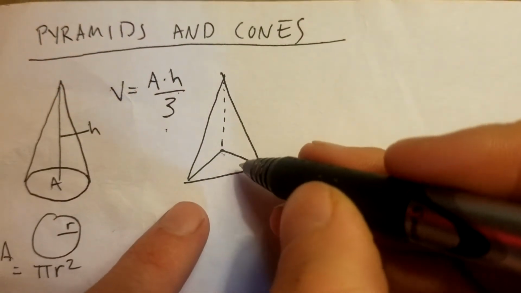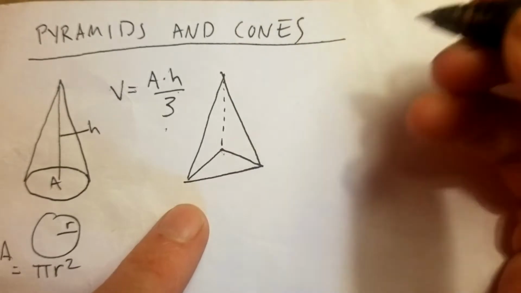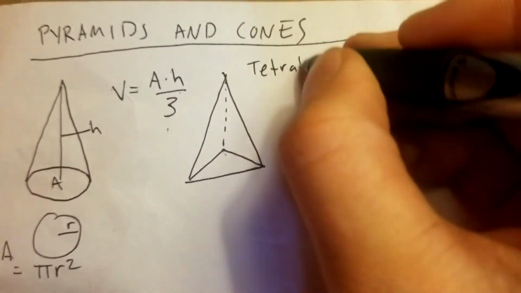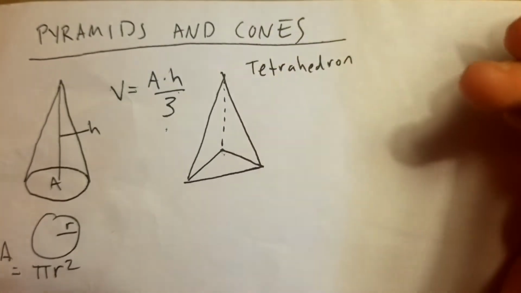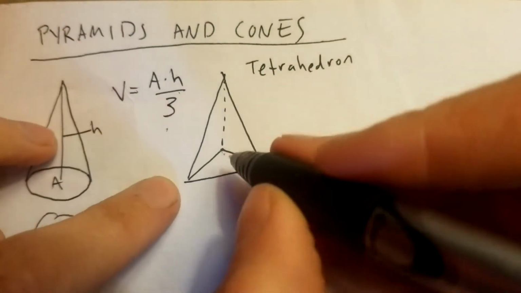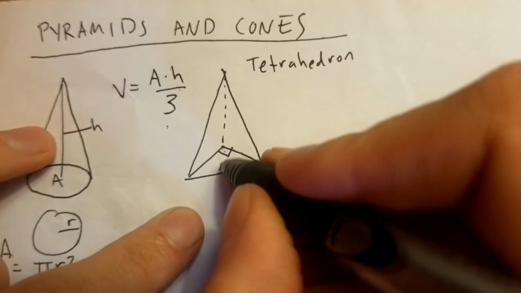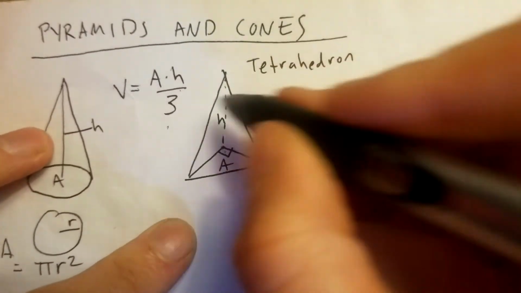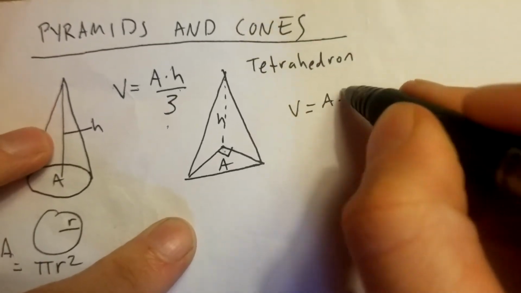In this case, we have a triangular cone, or a pyramid, which has another name, which is called a tetrahedron. In this case, you would calculate the area of the base here, multiply it to the height, and then divide by 3. It's exactly the same.